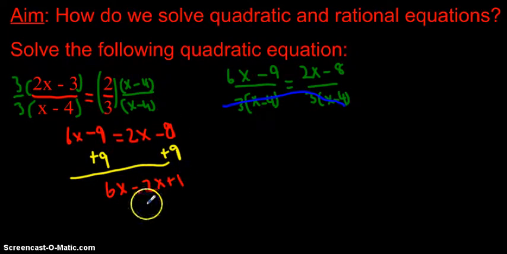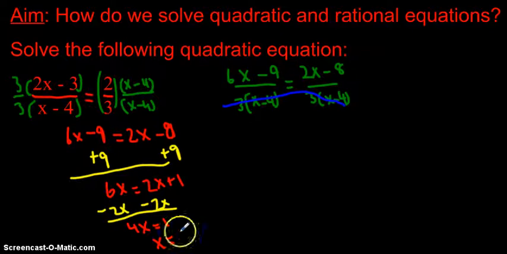We'll subtract 2x from both sides, and we'll get 4x equals 1, which means x is equal to 1/4.